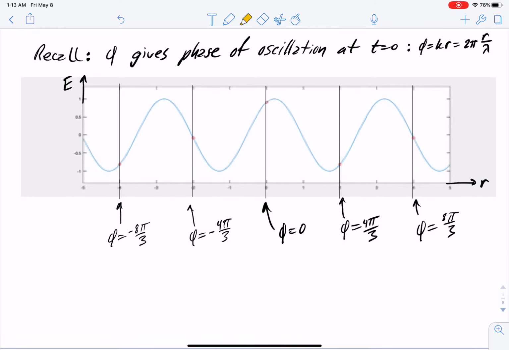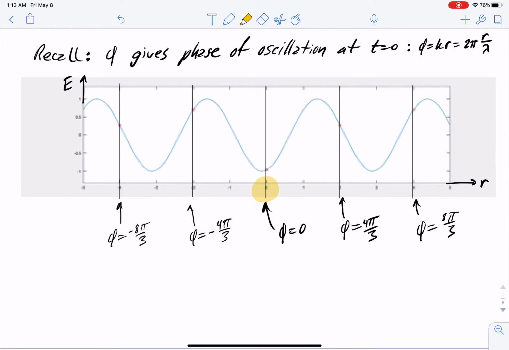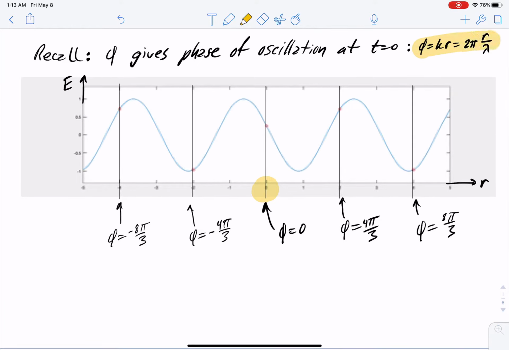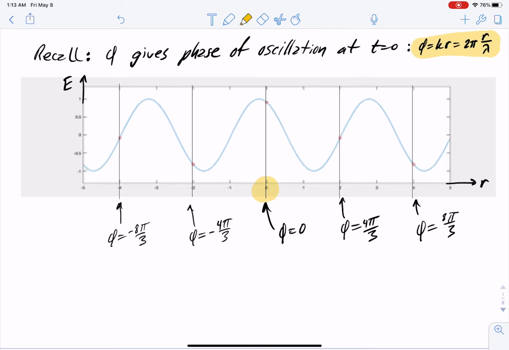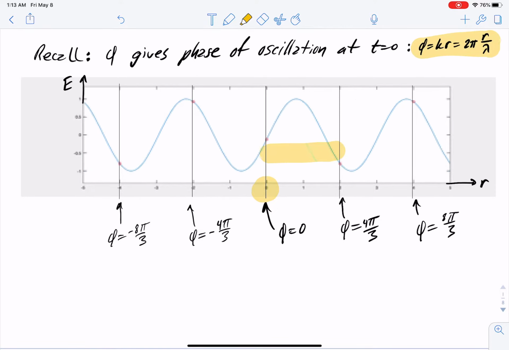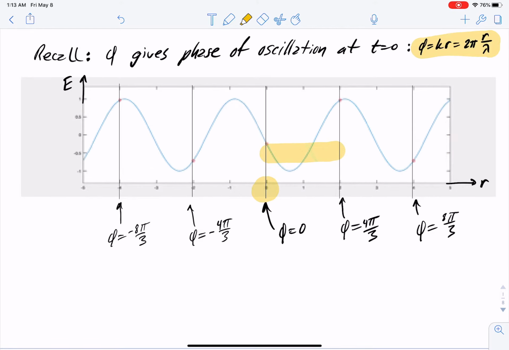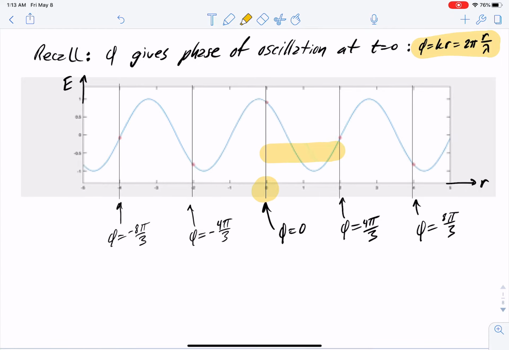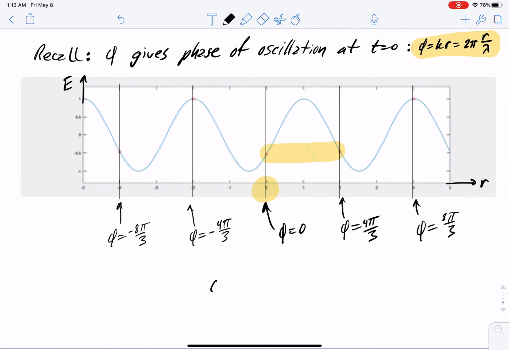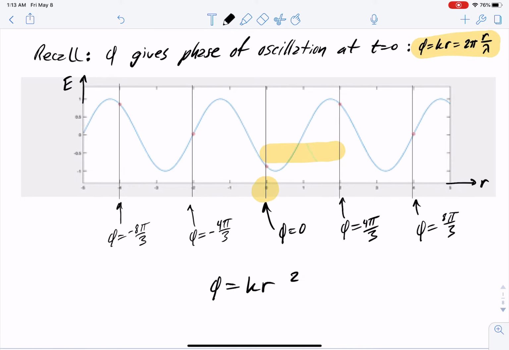Okay, so if we picked a reference point here in the middle as what we'll call 0 phase, as we move away from it, we build up phase here. You get the phase by using the distance you move. So in this case, 2 units. The wavelength here is 3. So if we calculate the phase at that point, we get the wave number times the distance traveled.